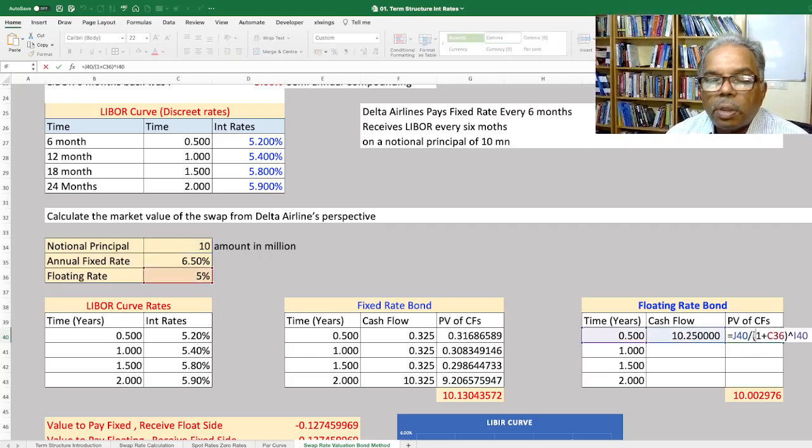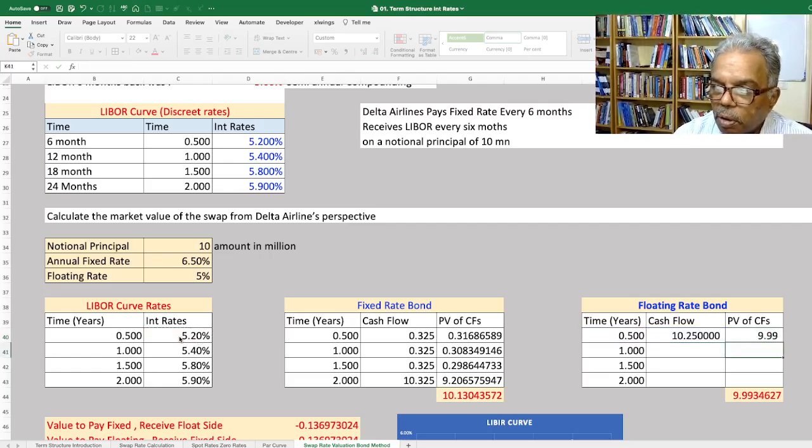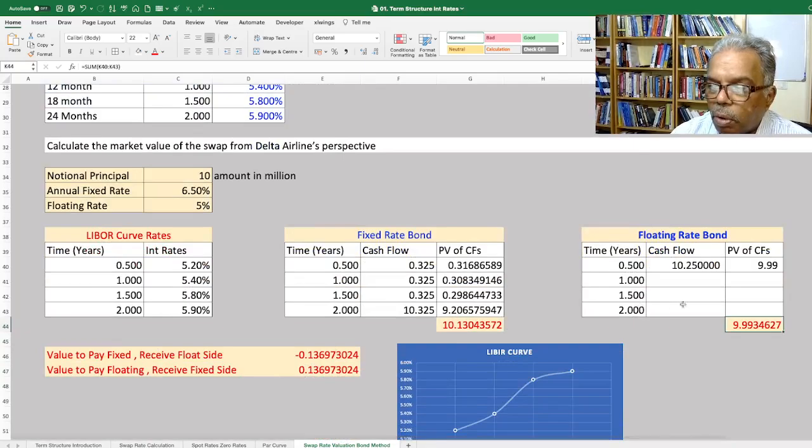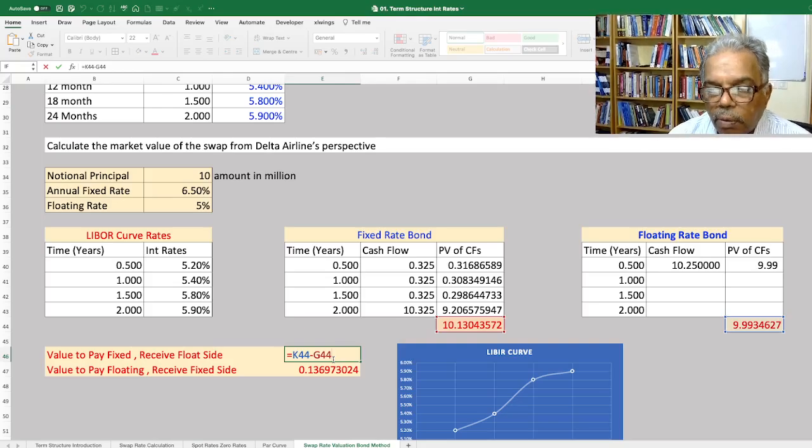Then we discount the LIBOR coupon payment as well as the principal at the 6 month spot rate. The difference between the value of the fixed rate bond and the floating rate bond gives the valuation.